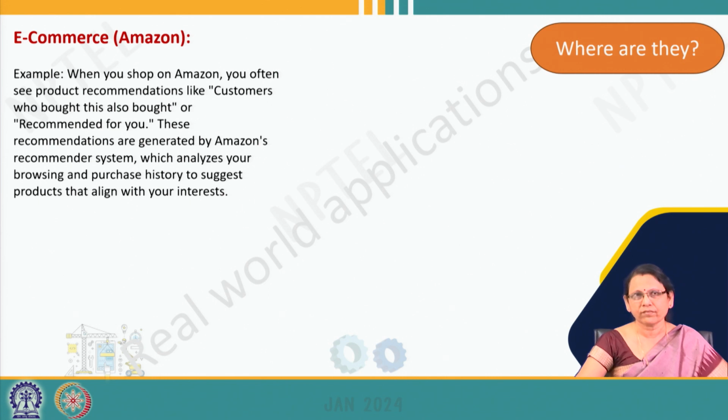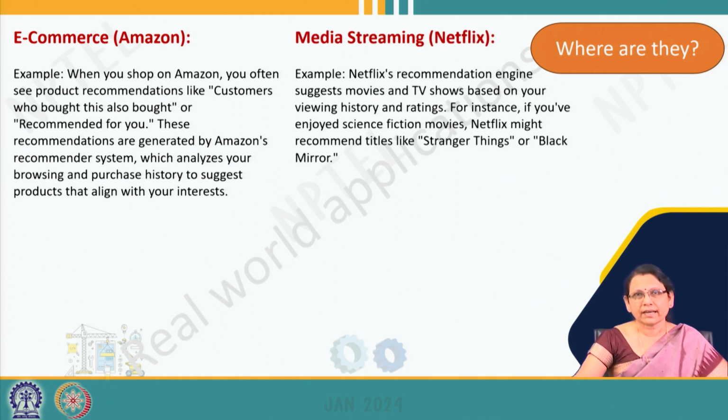Around 1990, when the internet became commercialized, e-commerce started to boom, and to enhance the business of those e-commerce sites, where you do not have direct connectivity with the customer, they came up with the idea of recommender systems.